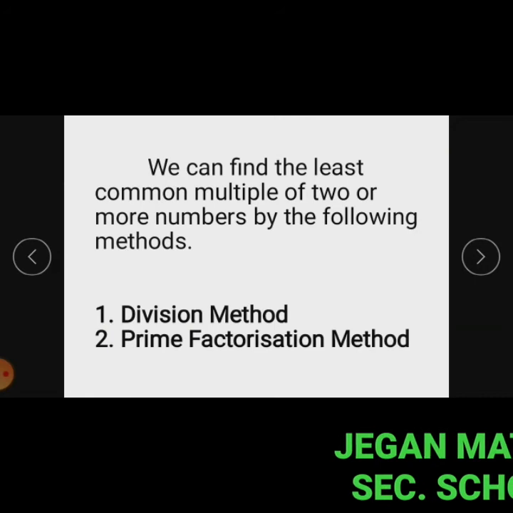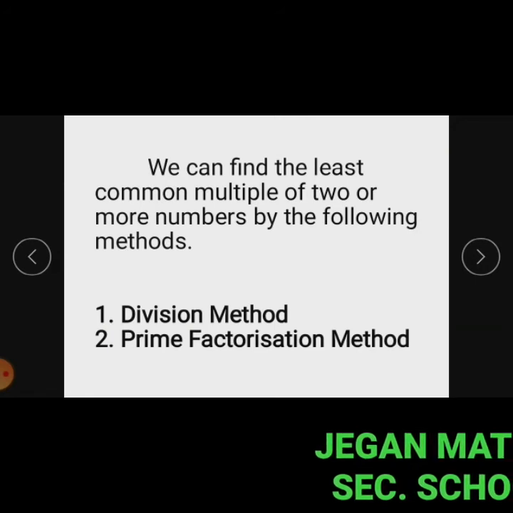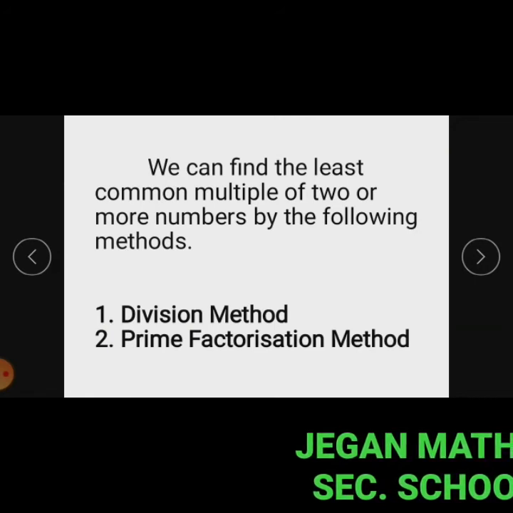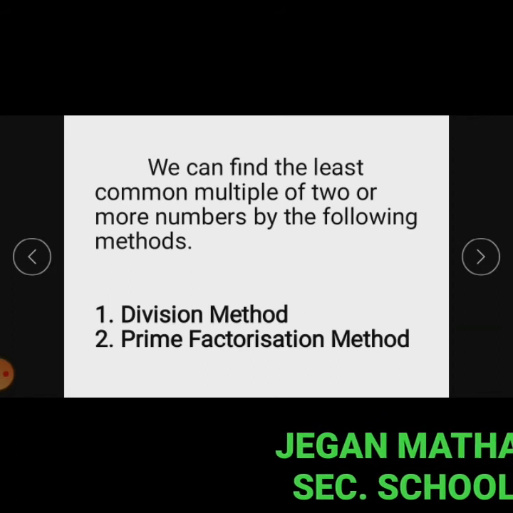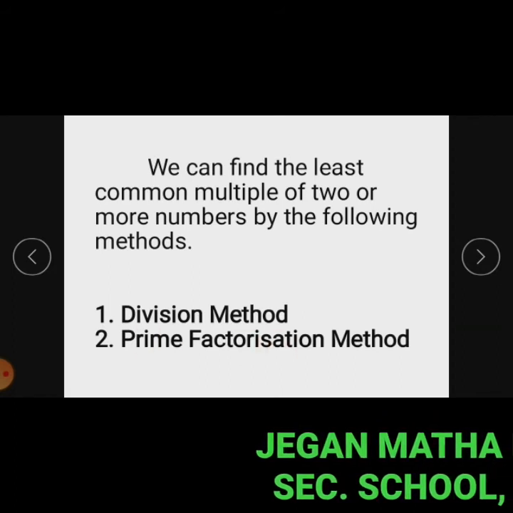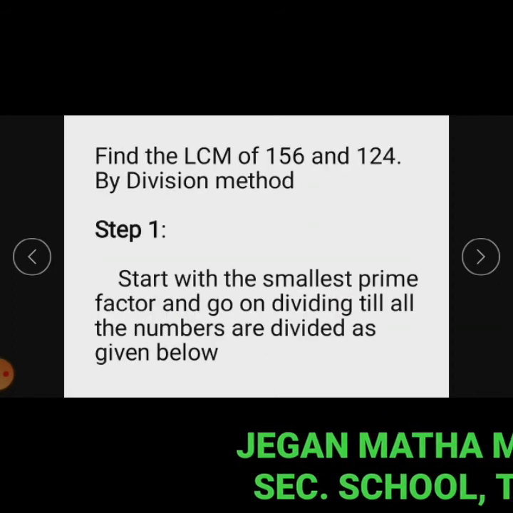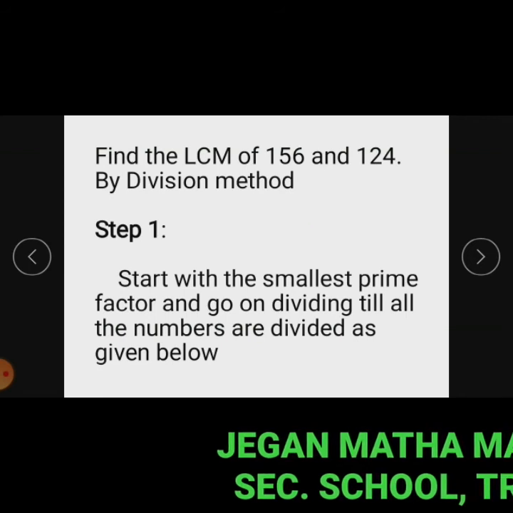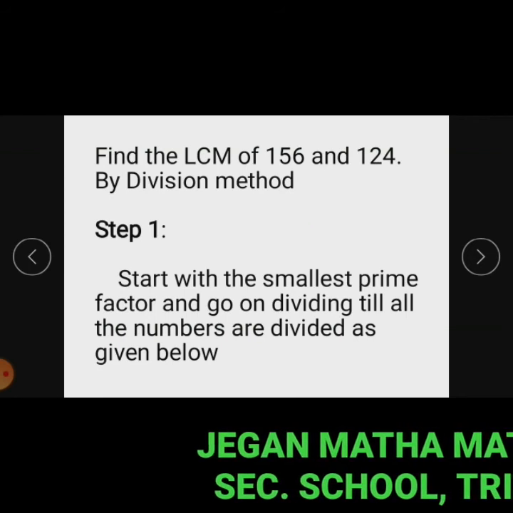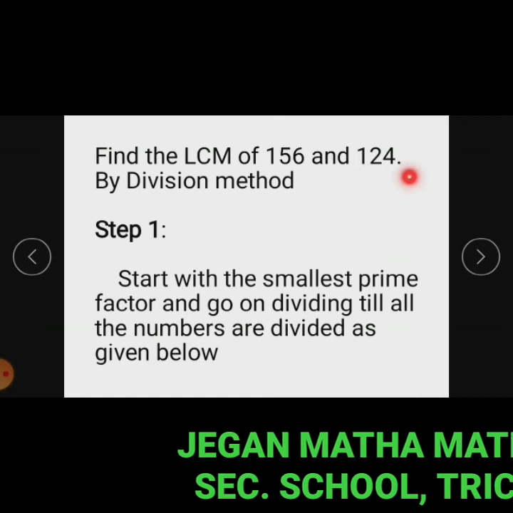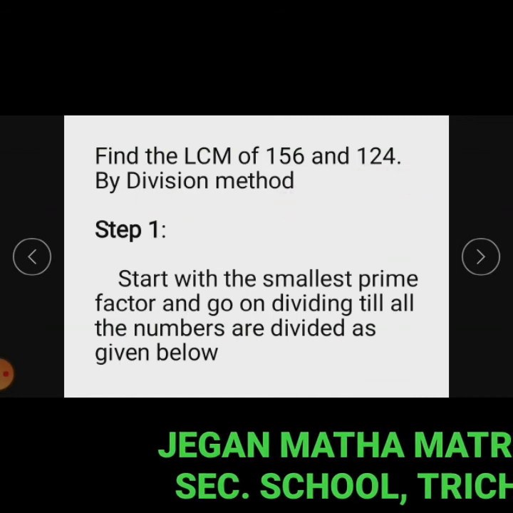We can find the least common multiple of two or more numbers by the following methods: division method and prime factorization method. For example, find the LCM of 156 and 124 by the division method.